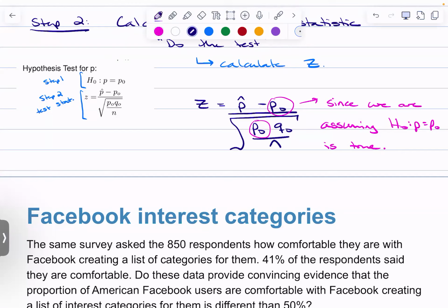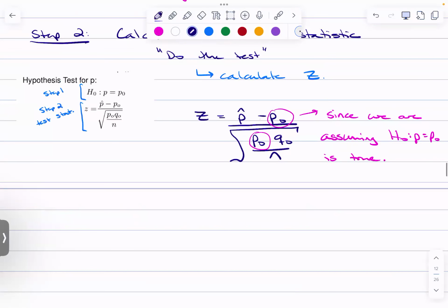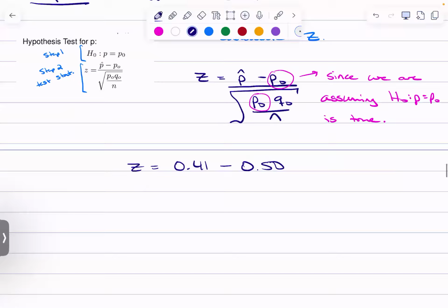Can we just calculate the Z? Can we do that? In this case, p hat was 0.41, right? Our sample proportion from our 850 respondents was 0.41. Really what we're seeing is how far is that from our hypothesized proportion of 0.5, p naught, taking into account the spread of 0.5 times 0.5 divided by 850.